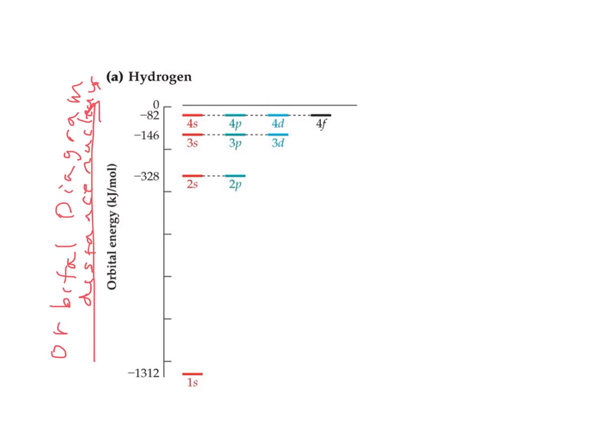Also, looking at this diagram, you see your energy levels, and then you see that your energy levels appear to be broken up. You see your 1 here with an S next to it. You see your 2 here with an S next to it, and a 2 with a P next to it. 3S, 3P, 3D, 4S, 4P, 4D, 4F. They are giving us hints that we are going to now subdivide our energy levels into smaller pieces.